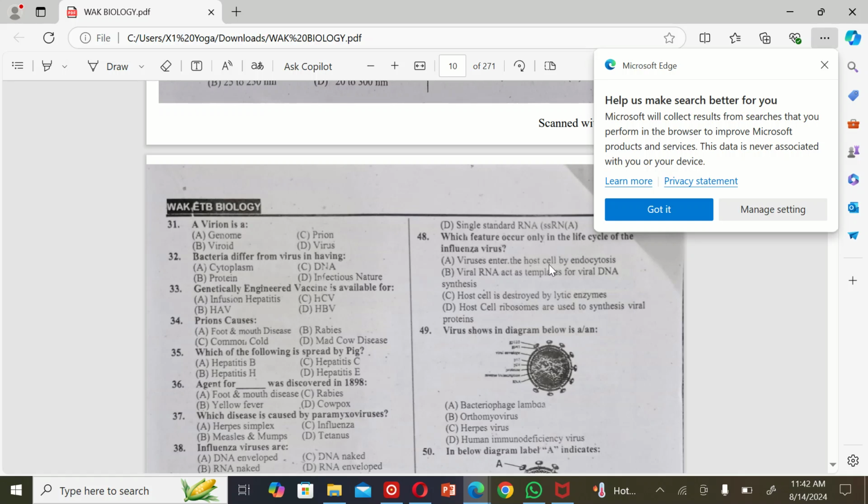A, virus enters the host cell by endocytosis. B, viral RNA acts as template for viral DNA synthesis. C, the host cell is destroyed by lytic enzyme. And D, host cell ribosomes are used to synthesize viral protein. The correct option is A. The virus enters the host cell by endocytosis.